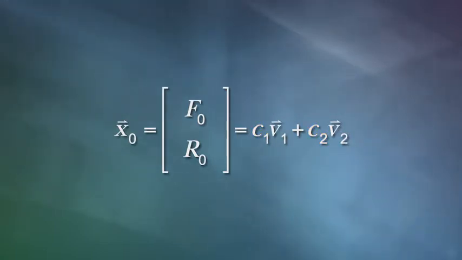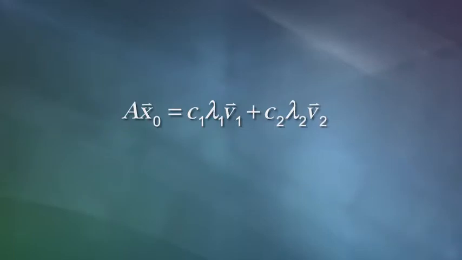Then A times this x0 just multiplies the V1 and V2 by their corresponding eigenvalues, like this. And if we keep multiplying on the left by A, we see that the eigenvectors just produce a factor of a corresponding eigenvalue each time.